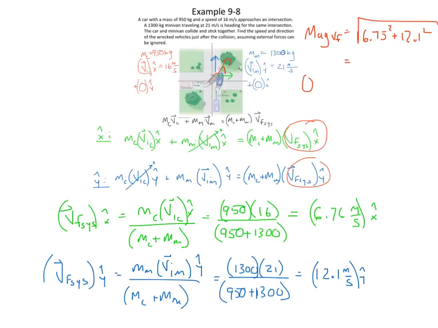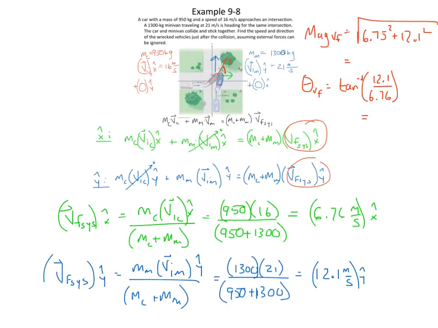So for the theta of the final velocity, how do we get that? Well, that's the inverse tangent, right? Inverse tangent of y over the x, so it's 12.1 over 6.76. And that's going to be our direction.